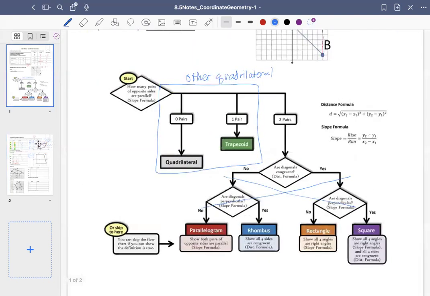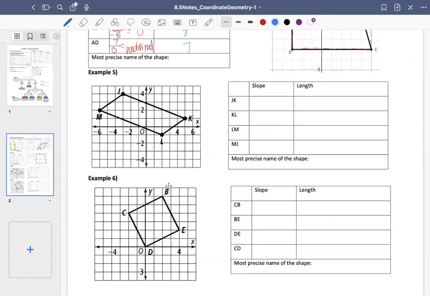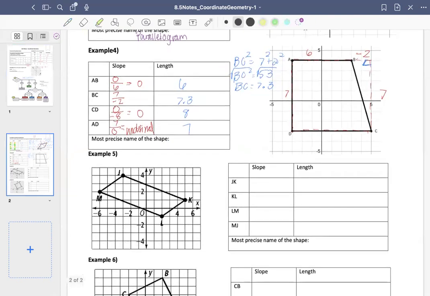First thing we're looking for is how many pairs of opposite parallel sides are there? Okay. Well, let's look for our slopes that have same numbers. Okay. I see a 0, I see a 0. So that tells me AB and CD are parallel to one another. So let's go ahead and draw that in. We have AB and DC are parallel.